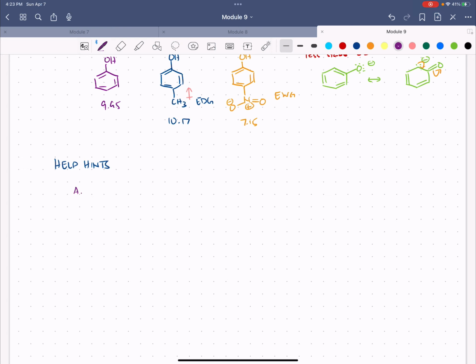For A, always 5, 4, and 3 membered rings are considered flat.